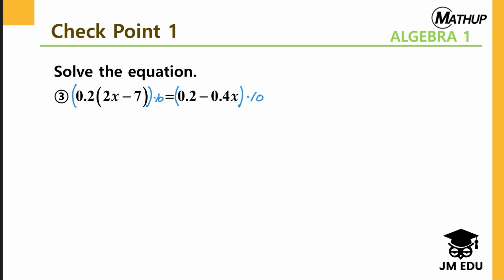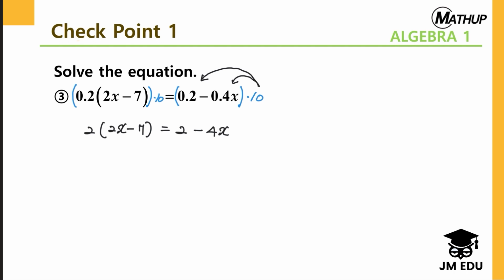So 0.2 times 10, that's going to be 2, right? Oops, let me write with the black. 2, and we have 2x minus 7 is equal to, here 10 times 0.2, that's a 2. 10 times 0.4, that's 4, but it's minus 4x, right?